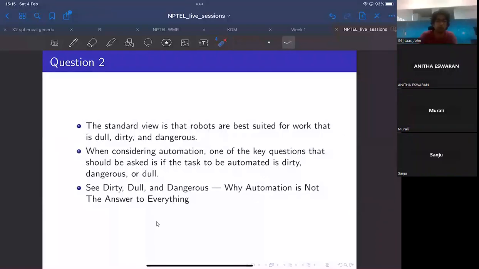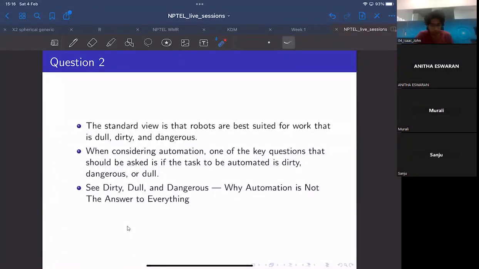I hope the reasoning is clear, and I hope the participants are not having any conflicts regarding this question. If you are having any difficulties or issues, please let me know. You can either comment in the chat box, or you can unmute yourself and let me know.